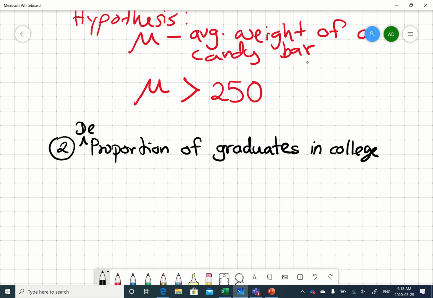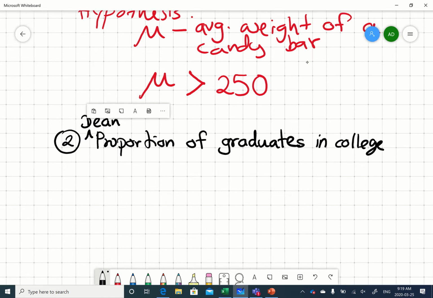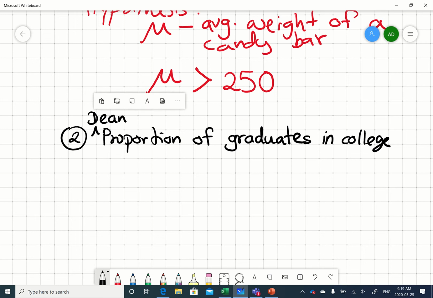The dean claims that the proportion of graduates in college A is 75%.